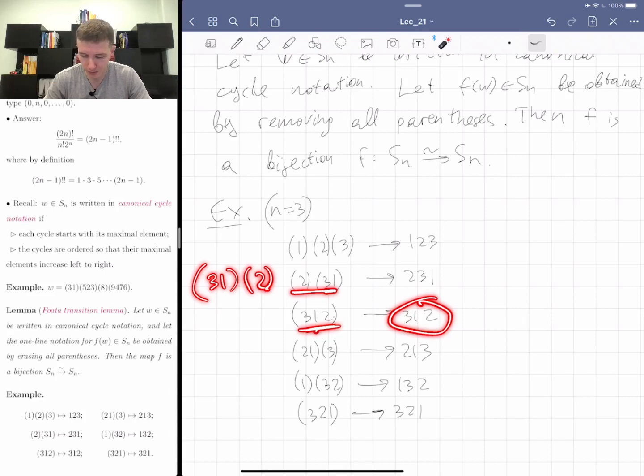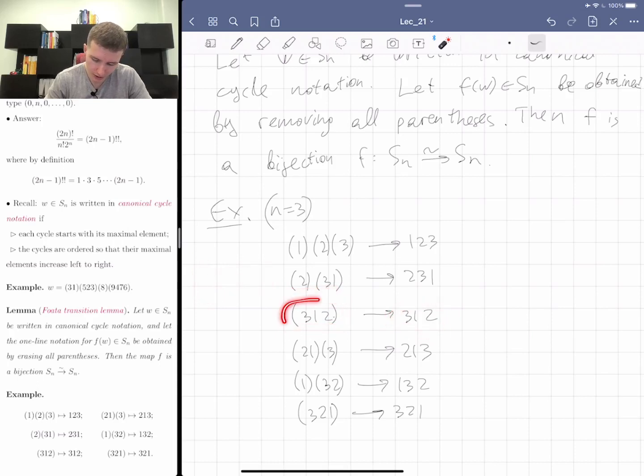I also have some freedom to write this cycle in a different way, maybe as 1, 2, 3, but then it would have appeared here. So it is a delicate game to choose all these conventions correctly.